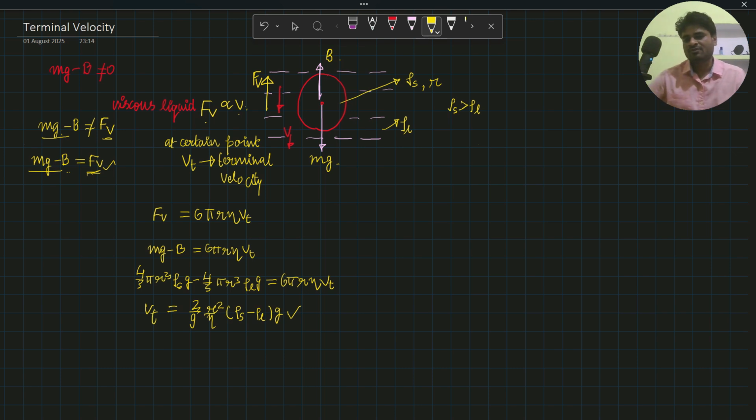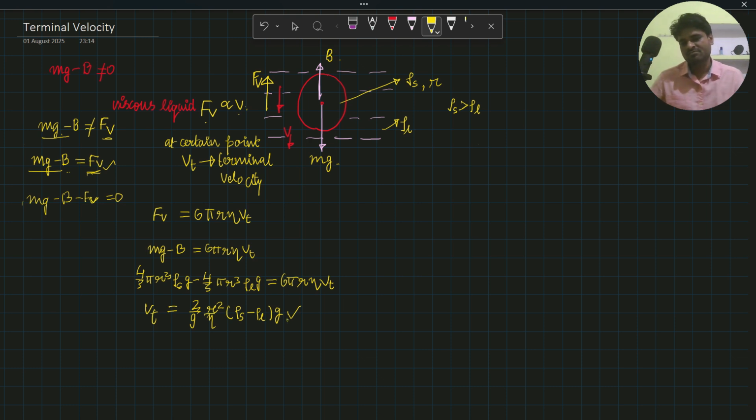Now there can be no further increase in the velocity, because ultimately the net force on this ball is 0: mg minus b minus Fv is 0. So now there will be no increase. So this velocity is called terminal velocity, and this is the formula that you should remember.